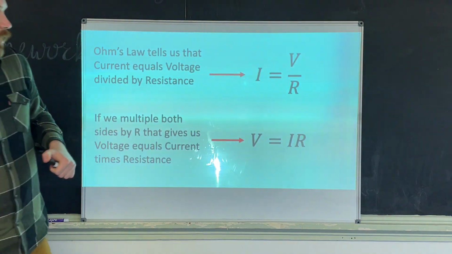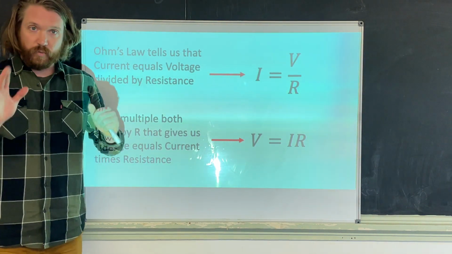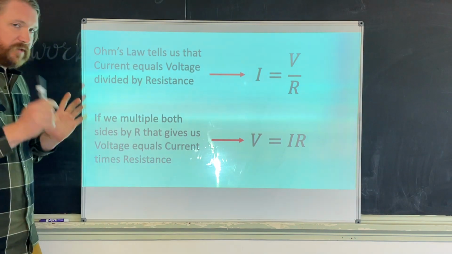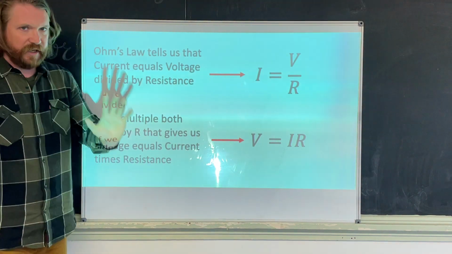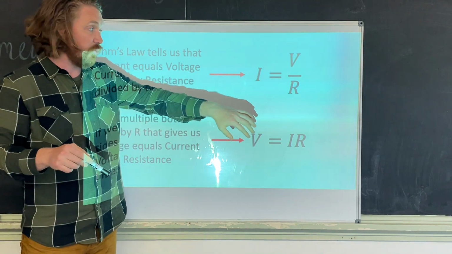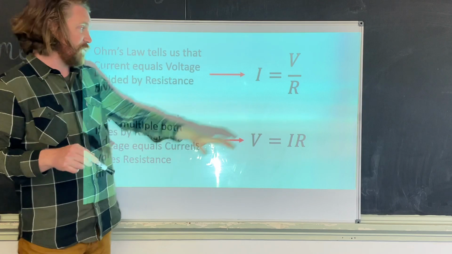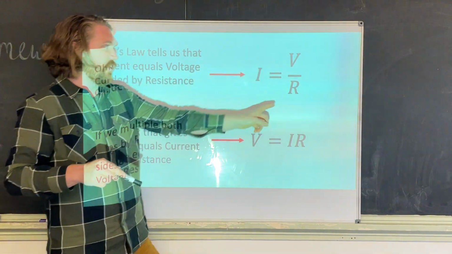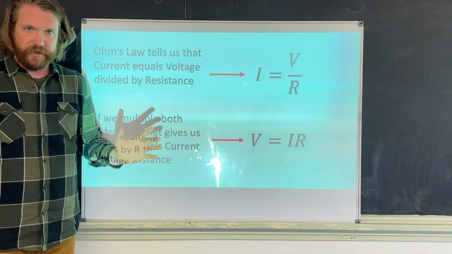Now, we're about to learn one of the coolest tricks that we learn all year. It's one of my favorite things. I love talking about circuits, but in order to understand this, we got to do a little rearrangement of our electrical equation, Ohm's law. Ohm's law tells us that current equals voltage divided by resistance, right?